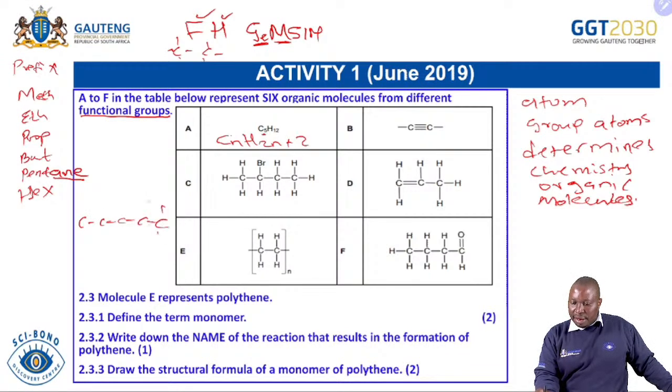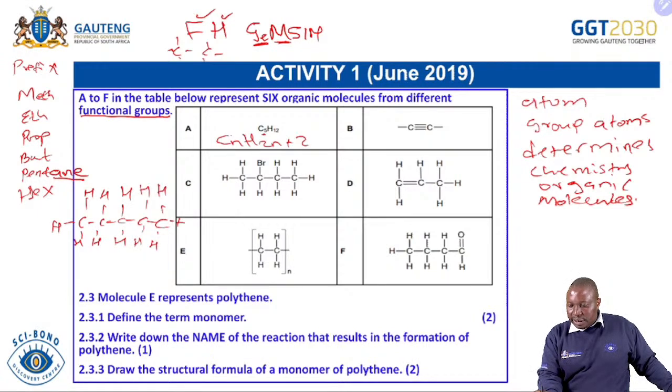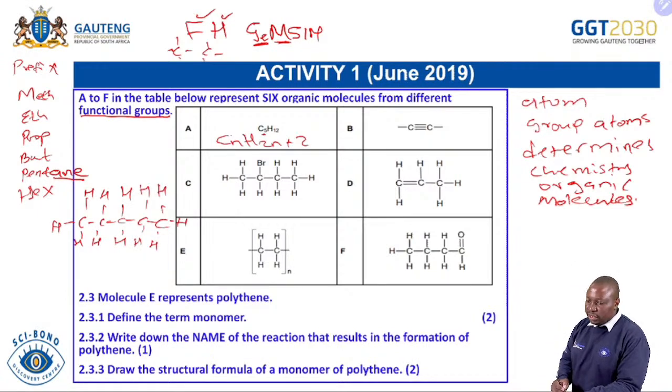And then H12 simply means that you will write 12 hydrogens around there. Then you are able to get your question with no problem. I'm just recapping for you to say now this is C5H12. So that is the structural formula.